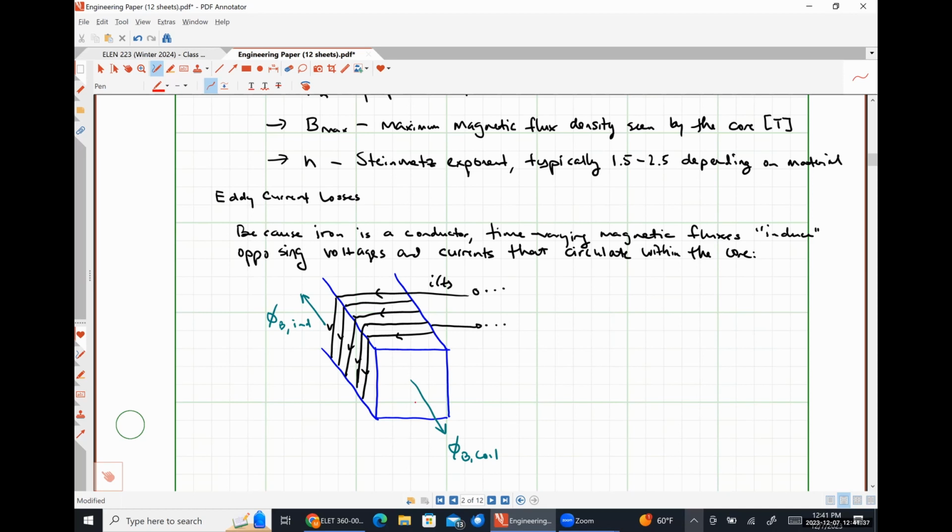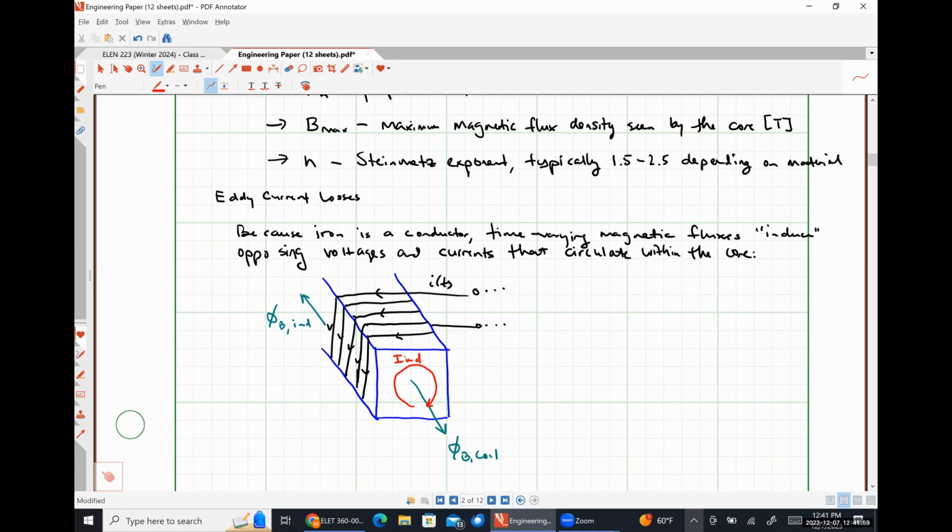So something like this, I induced with this direction circulating around like this so that we get a magnetic flux opposite to our coil flux.